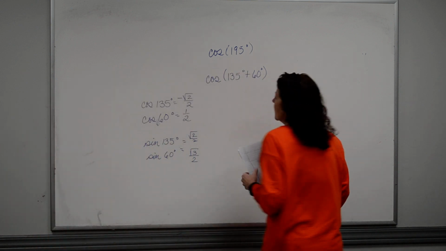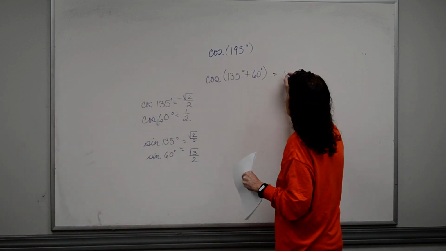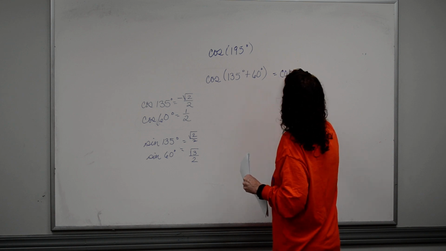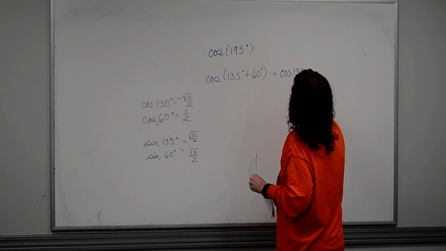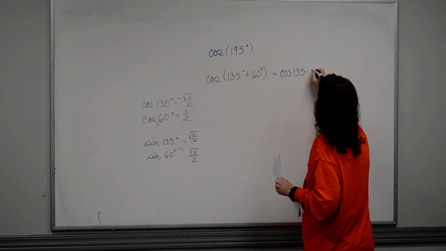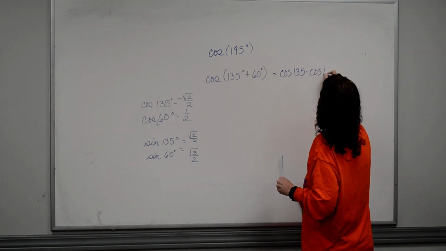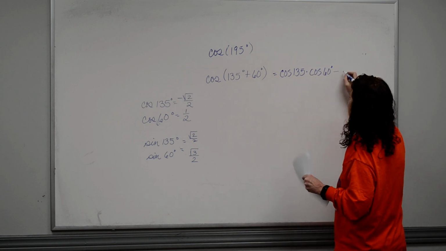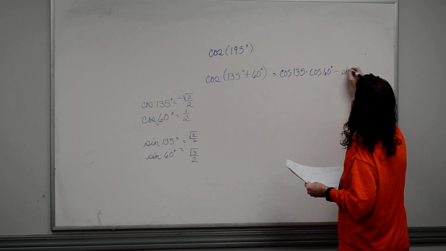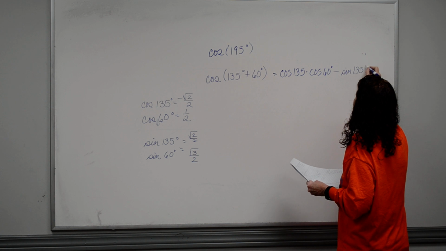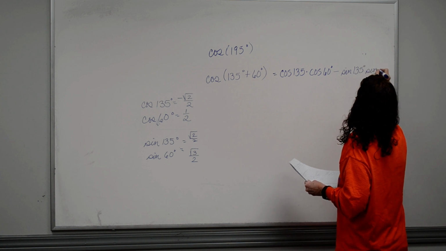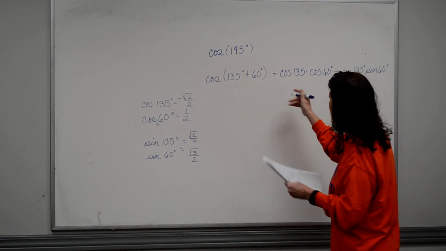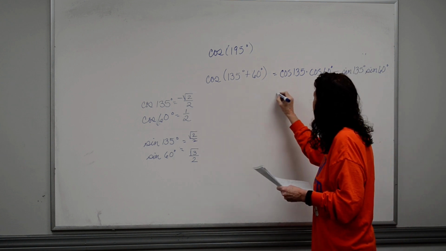So then I just begin to plug in based on my identity, which says the cosine of 135 times the cosine of 60, opposite signs, so it's going to be minus the sine of 135 times the sine of 60. That's the way the identity plays out. So then I substitute in what I know.